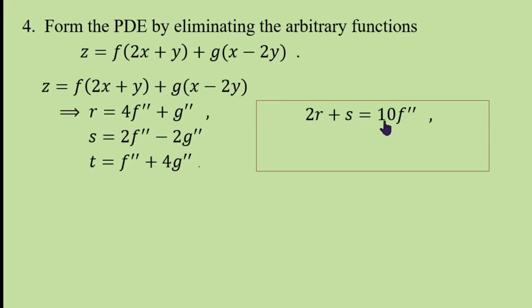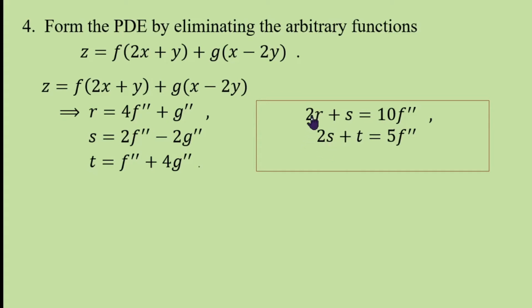So 2r plus s becomes 10f double dash. Similarly, multiply the second equation by 2 and add the third one: 2s plus t. That means 4f double dash plus f double dash is 5f double dash, and minus 4g double dash plus 4g double dash becomes 0, and hence 2s plus t is 5f double dash.